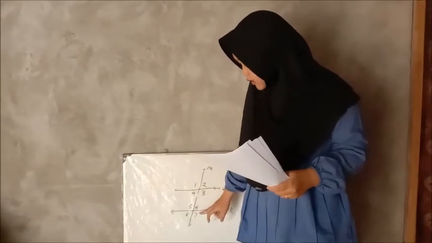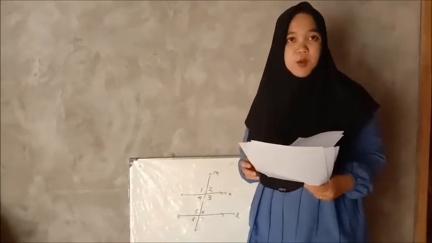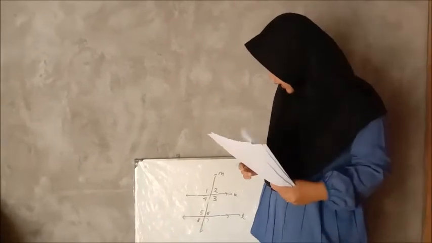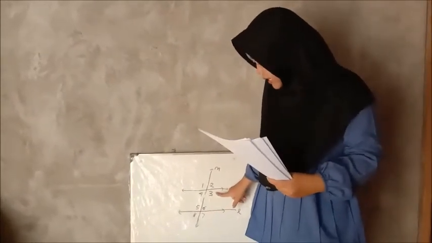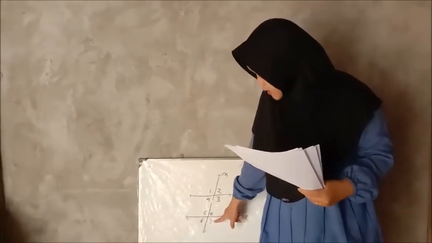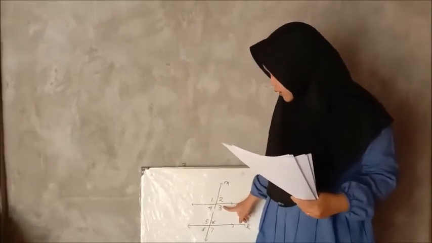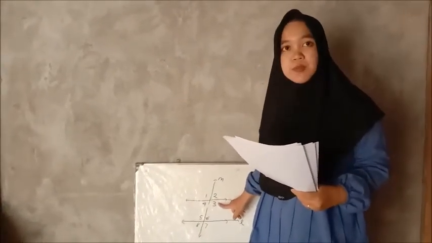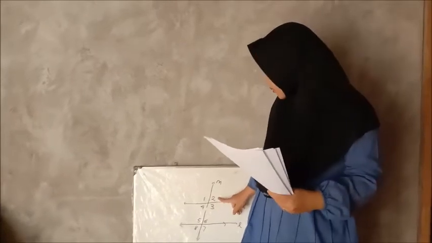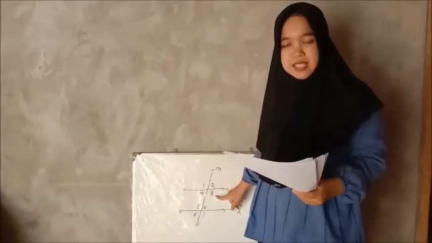We know that 7 and 3 are corresponding angles. So 7 is equal to 3. From that, we know that 2 and 3 are supplementary angles. So 2 plus 3 is equal to 180.